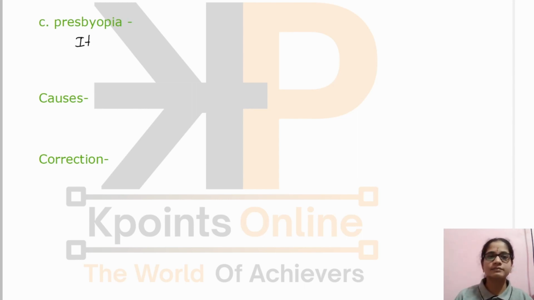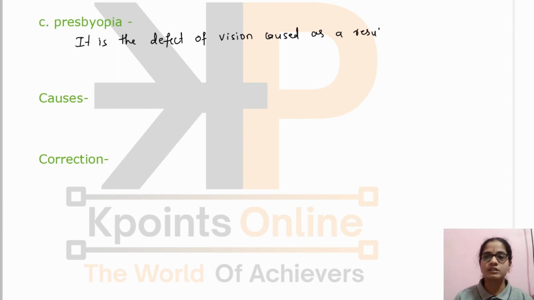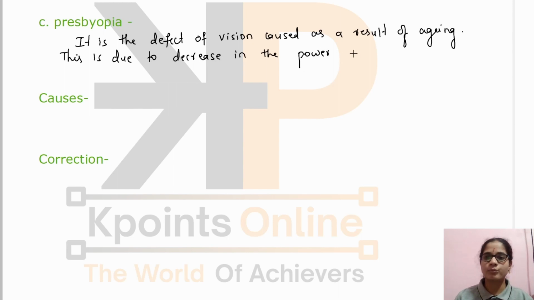It is the defect of vision caused as a result of aging. This is due to a decrease in the power of accommodation of the eyes.